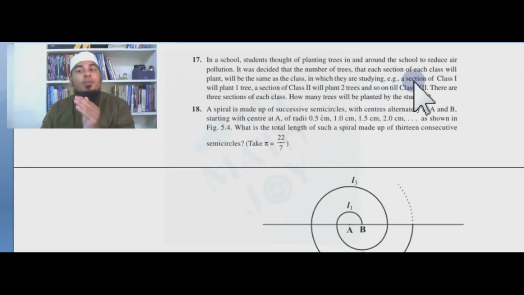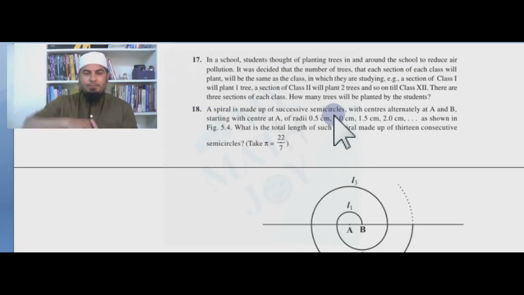For example, section of class 1 will plant 1 tree, section of class 2 will plant 2 trees, and so on. For example, 5th standard class will plant 5 trees and 9th class will plant 9 trees. There are 3 sections of each class. How many trees will be planted by the students?